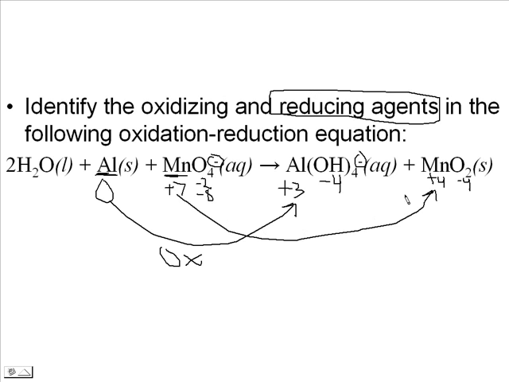Manganese is going from +7 to +4. It's becoming more neutral. To go from +7 to +4, here it has 7 extra protons, now it only has 4 extra protons. It means it had to have gained electrons. If it gained electrons, then that is reduction. If it's reduction, then it has to have been the oxidizing agent.